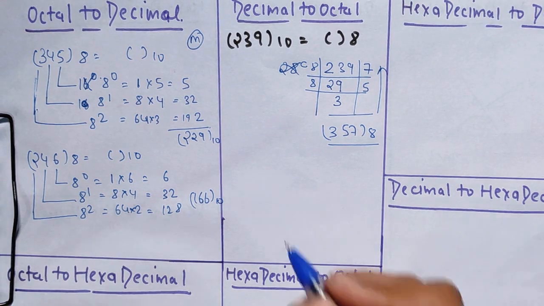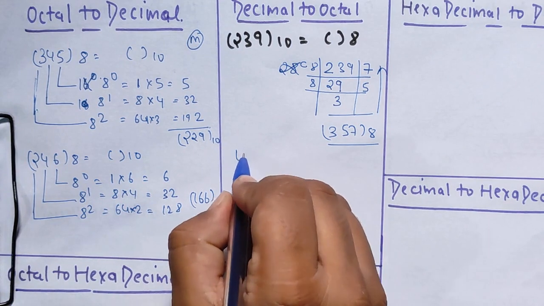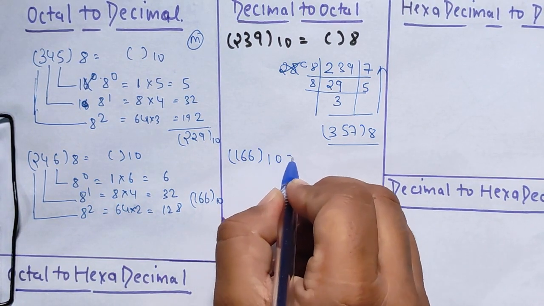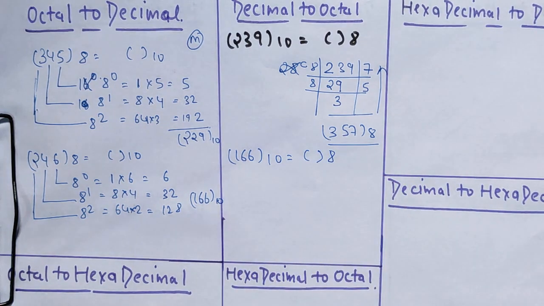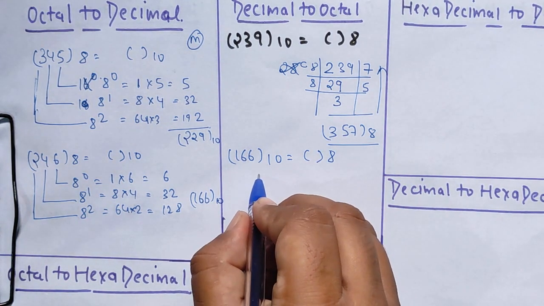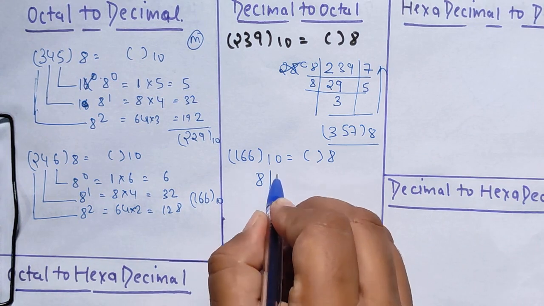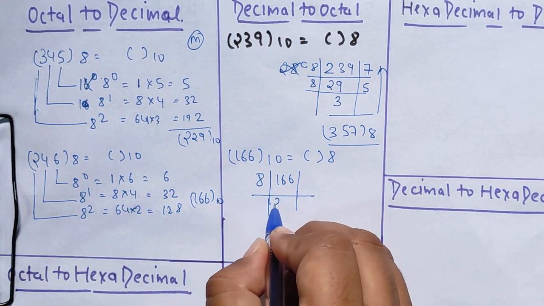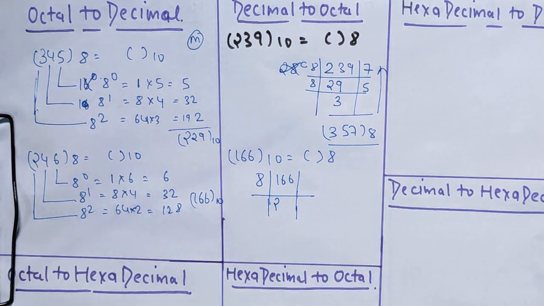Again I will take one example. My example is 166, and I have to convert it into octal. Again I will divide by 8. 166 divided by 8 is 20, and the remainder is 6.